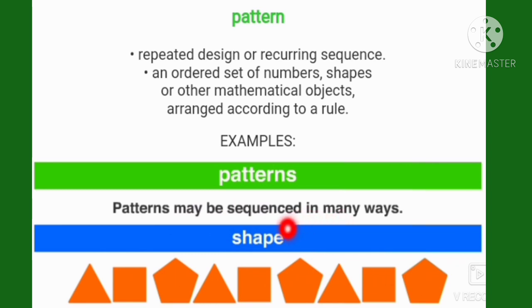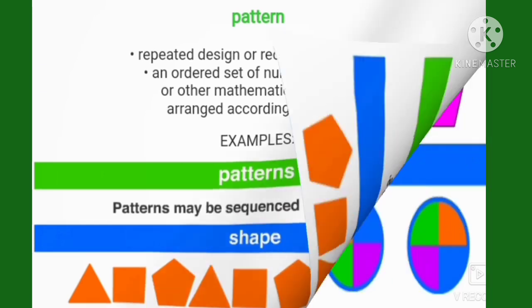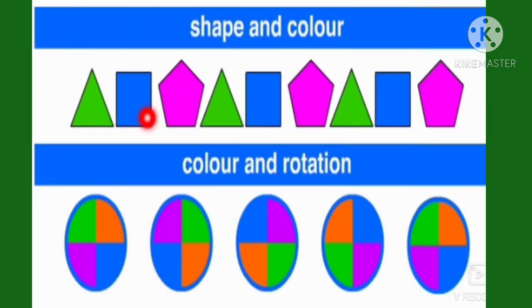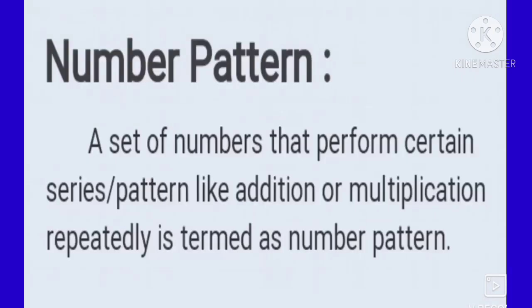First one is shape and color: green, blue, pink, green, blue, pink, green, blue, pink. Likewise, color and rotation. See about number pattern. A set of numbers that follow a certain series or pattern, like addition or multiplication repeatedly, is termed a number pattern.